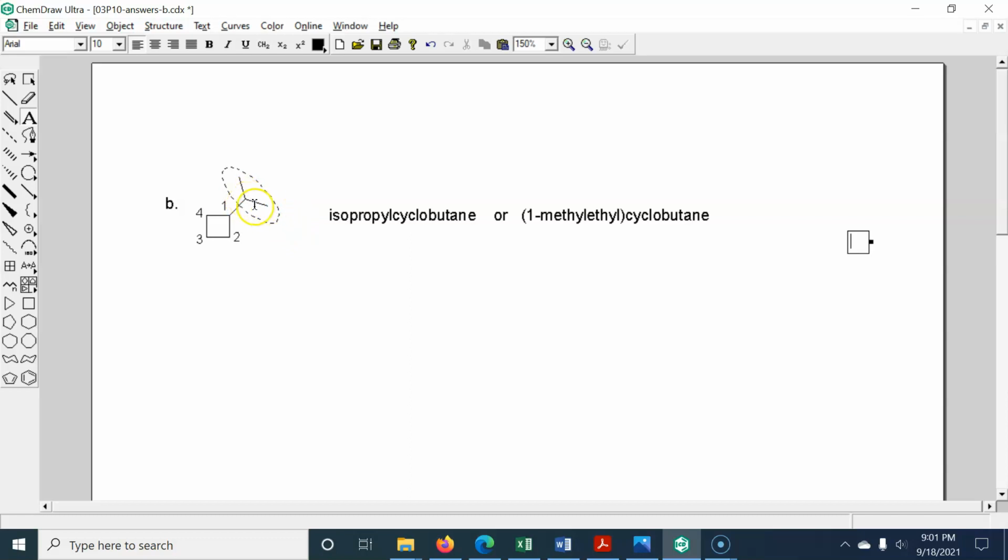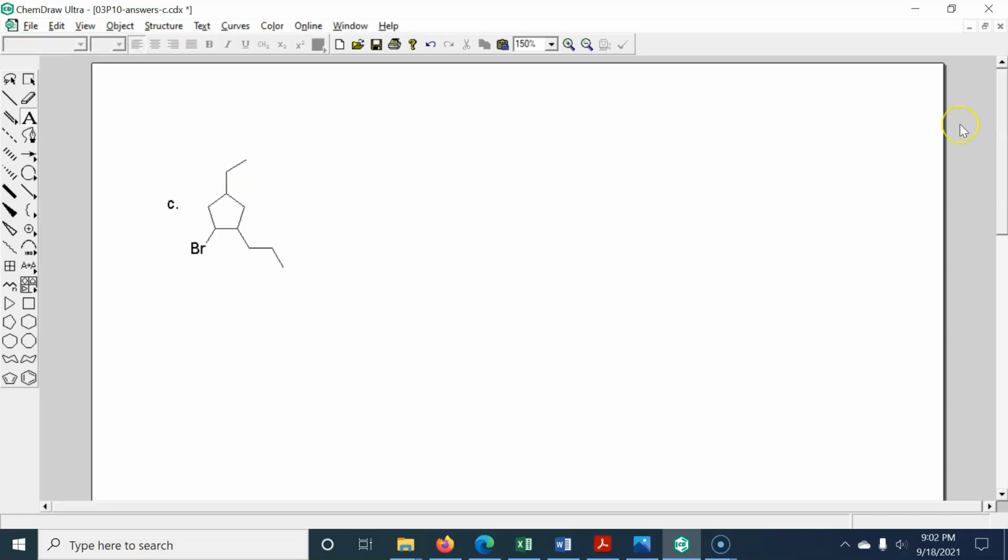You find the longest chain, which is 2 carbons, and the branch has its own branch. It has a methyl group on carbon number 1. Hence, we have 1-methylethyl. Notice that we don't say 1-methylethane, because those 2 carbons are not part of the parent.